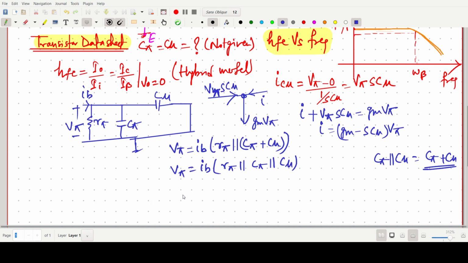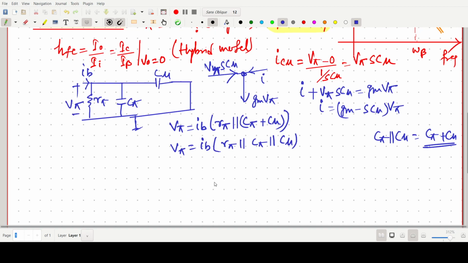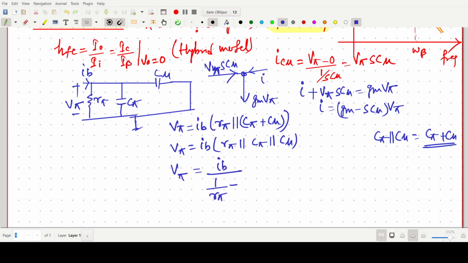Now after that, if we solve this, this V pi can be written as IB by 1 by R pi plus C pi plus C mu into S. Because this one is C pi, C mu, there should be some S term.